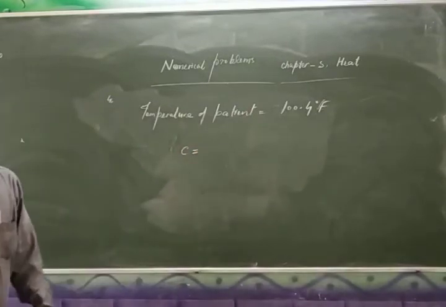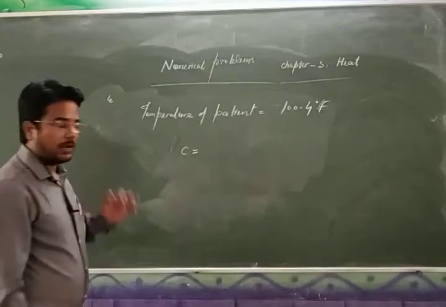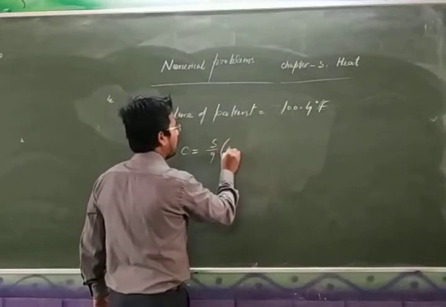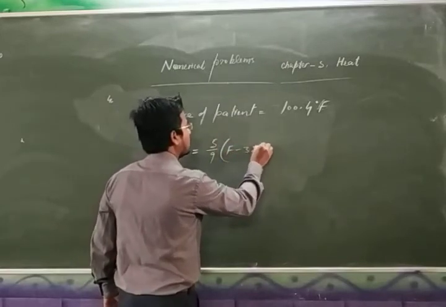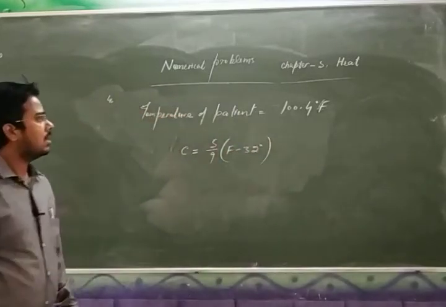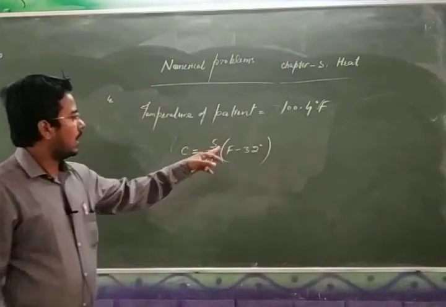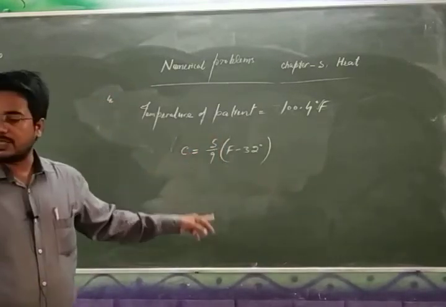The formula is C is equal to 5 by 9 (F minus 32). This is the formula we use when we convert Fahrenheit into degrees Celsius.